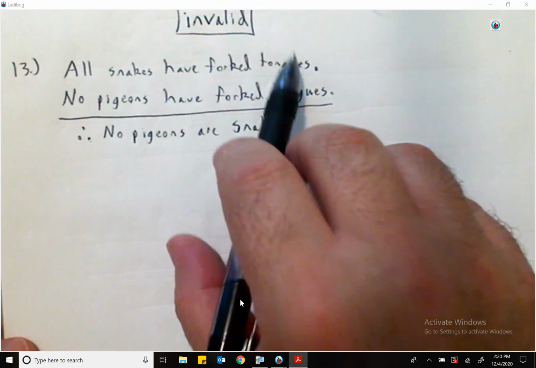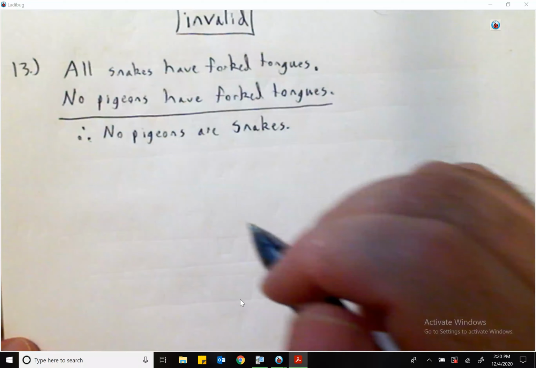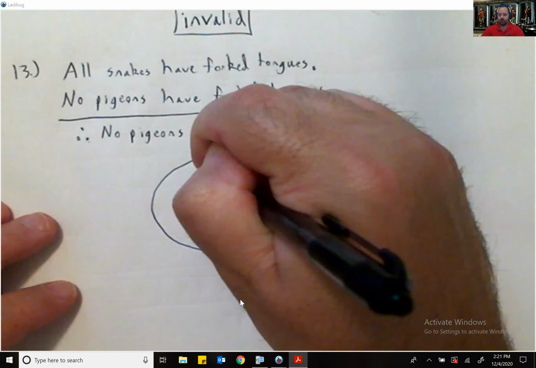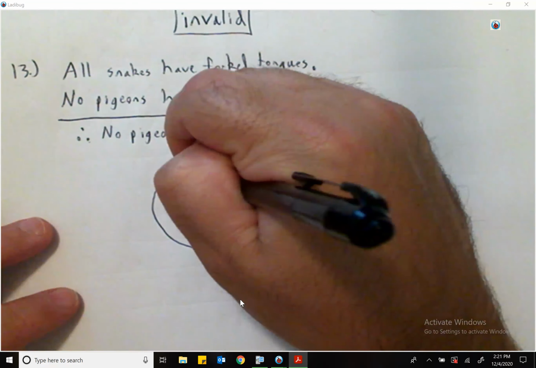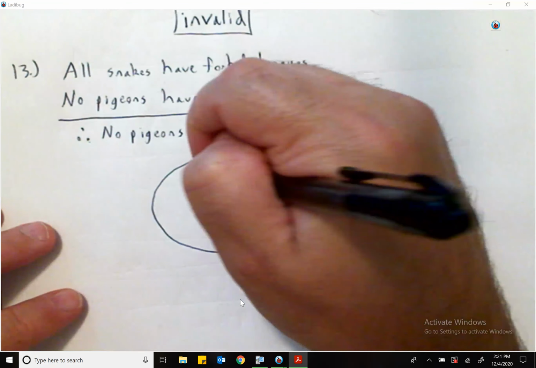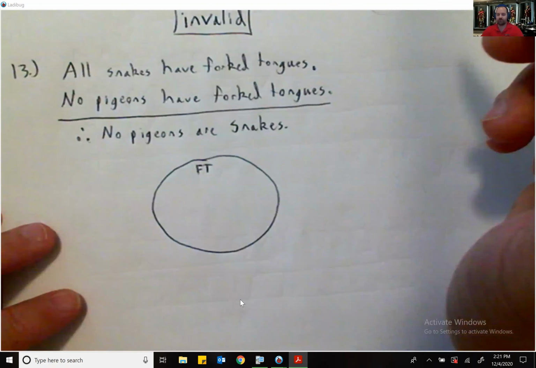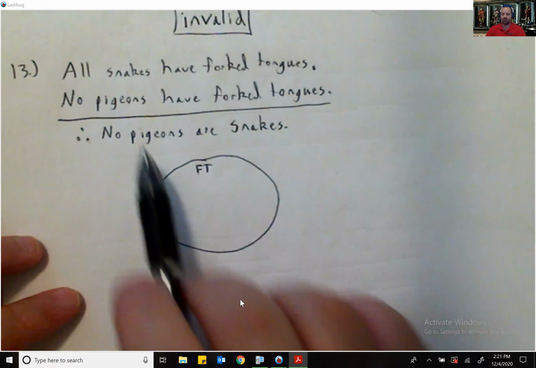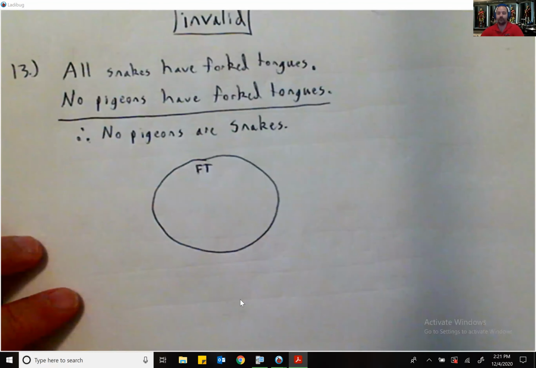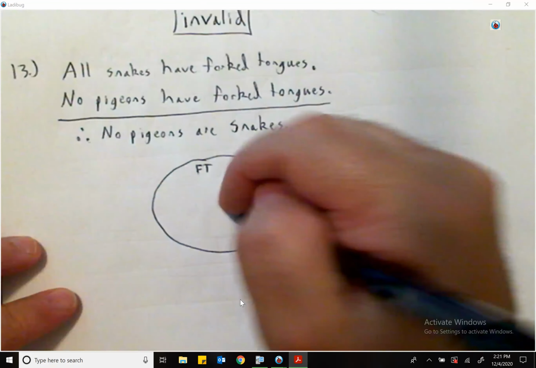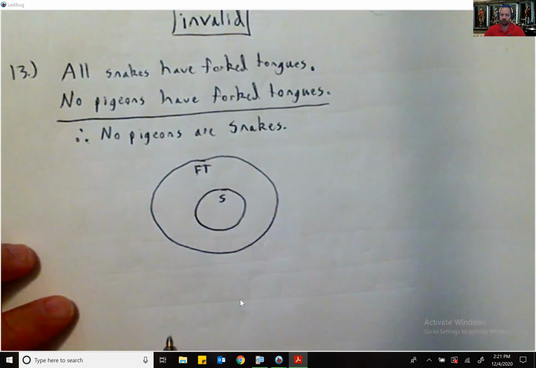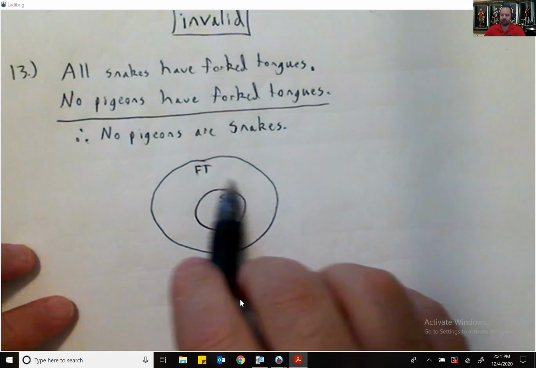What do the circles look like? So we know that we have a circle for the B, which is forked tongues. Now you have another circle, which is snakes. How does the snakes circle work with this circle? It's inside of the circle. There we go. So this is all A are B. All snakes have forked tongues.